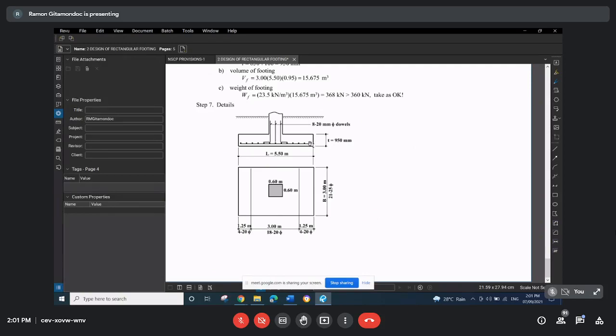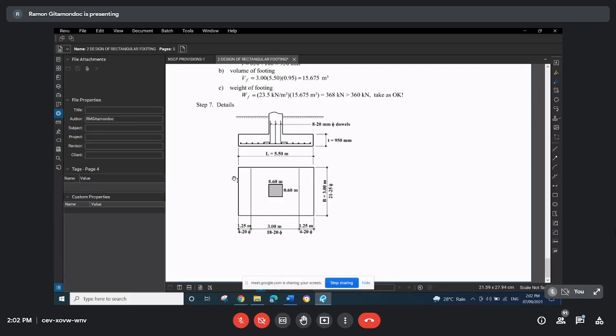So finally, we have here the detail. What is important in the detail is that we convey all the necessary information so that those in the field will be able to construct the footing as we intended it to be constructed, no?